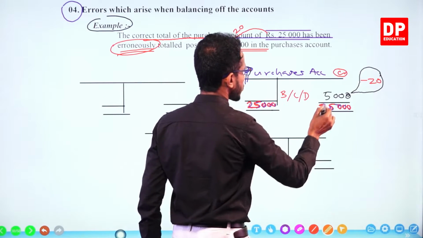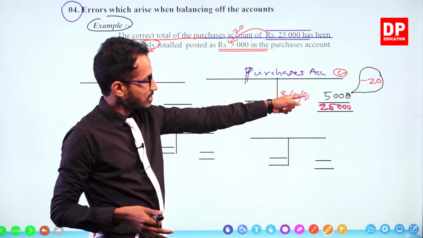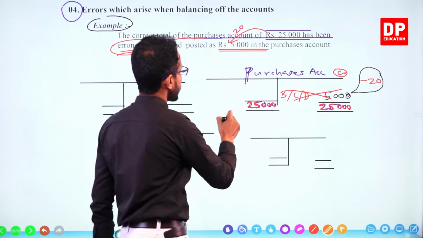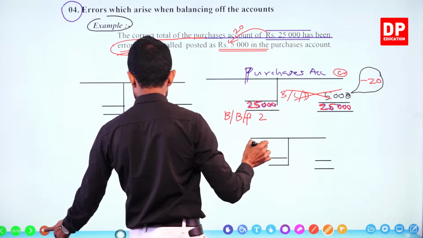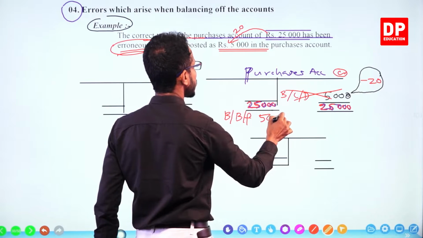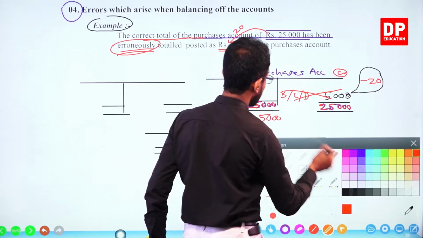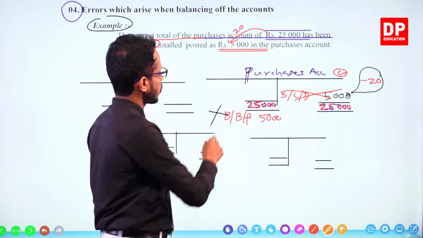It has been erroneously put to the trial balance as 5. So the balance brought forward goes to the trial balance. That balance brought forward is 5, and that is the mistake or the error.